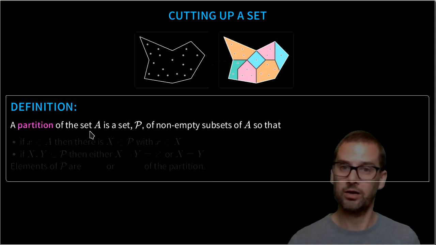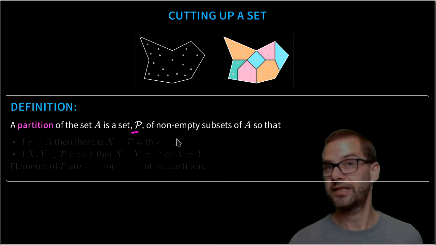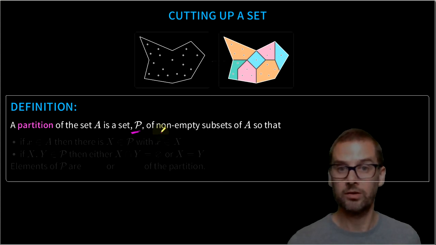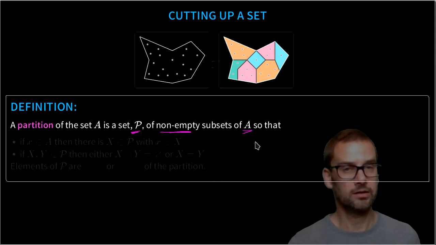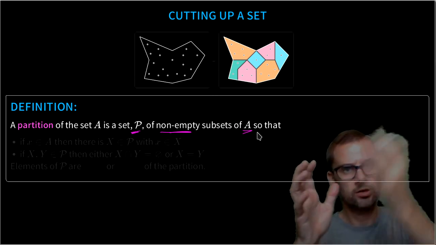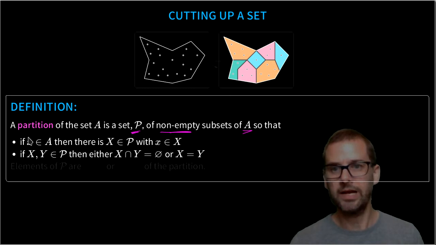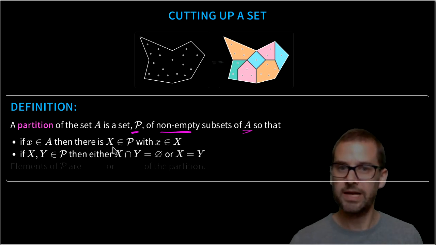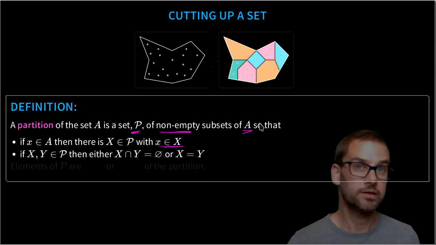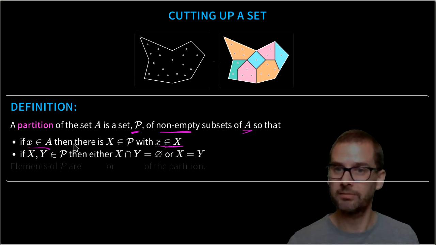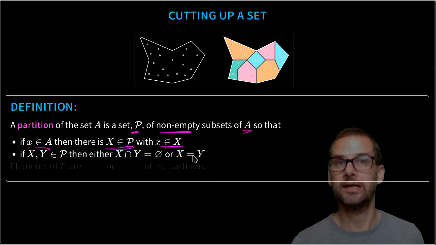A partition of a set A is a set of non-empty subsets of that set. We just take a set and chop it up into pieces. In particular, every element of A must be in some part of the partition. So we have our partition, a set of subsets, and no matter which element x of A, the original set, we pull out, there is some piece in our partition so that x is sitting in that piece.